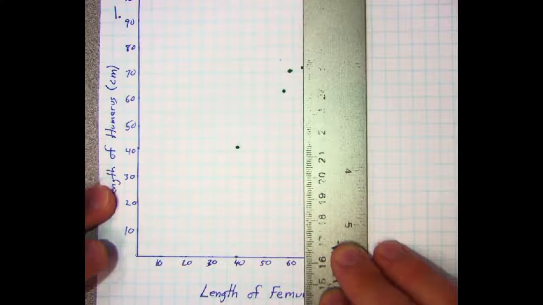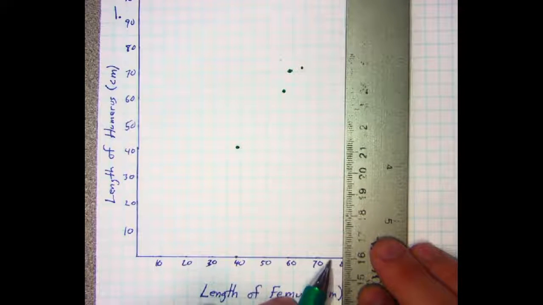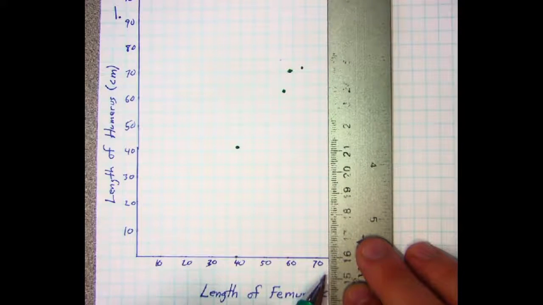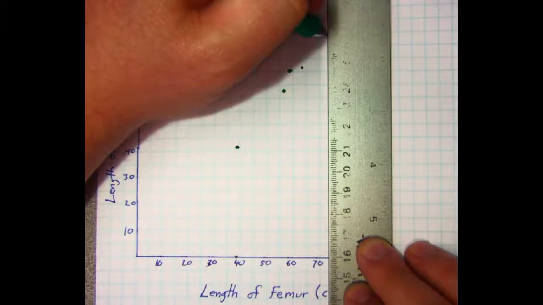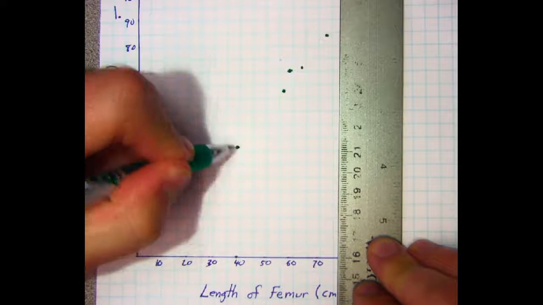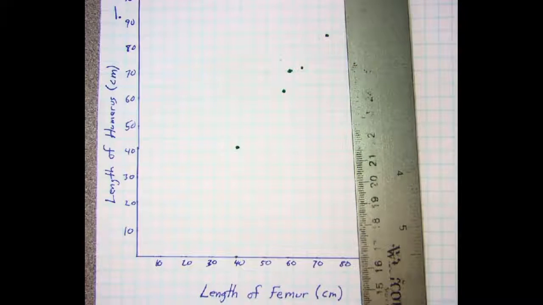And 74, 84. 74, here's 75, so 74, a little bit before it. And 84, here's 85, so a little bit below that. And there you go. So there's all 5. 1, 2, 3, 4, 5 points.